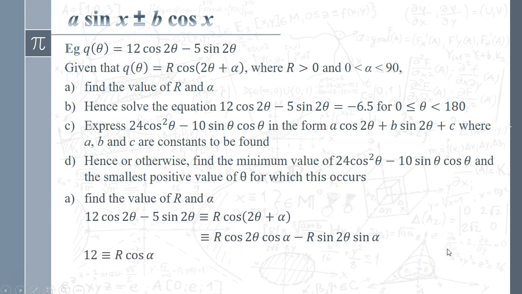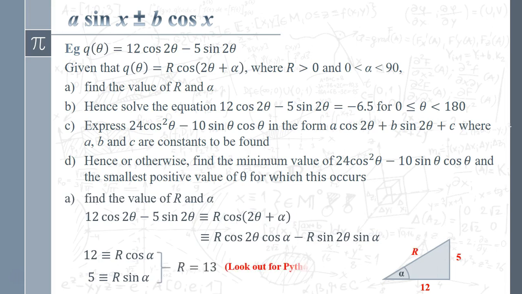So here we've got 12 equals r cos alpha, and also 5 equals r sine alpha. And so here comes our triangle. That side is 12, 5, there's r, so that gives us straight away our Pythagorean triple. r is 13, and alpha is tan to the minus 1 of 5 over 12, and so we've got our two values, the value for r and the value for alpha.